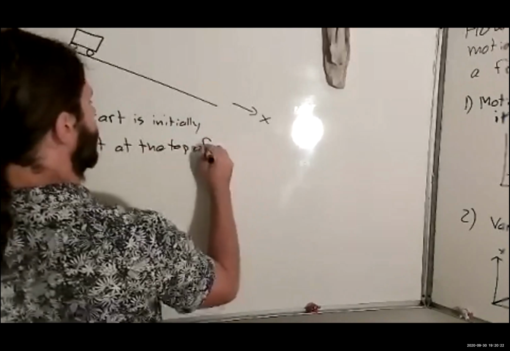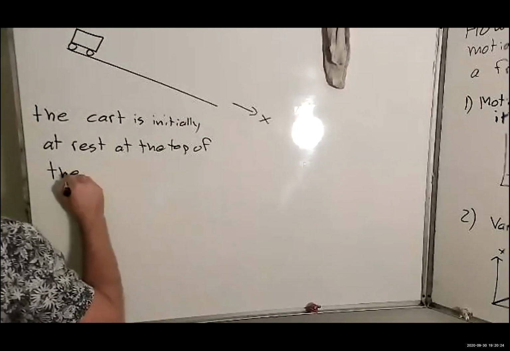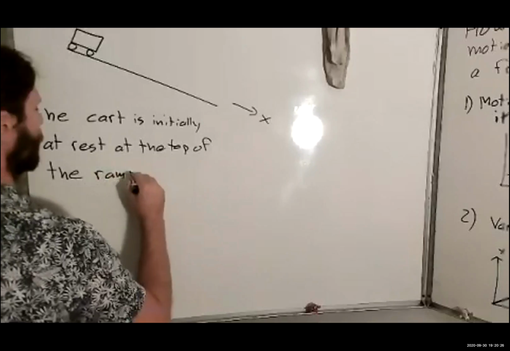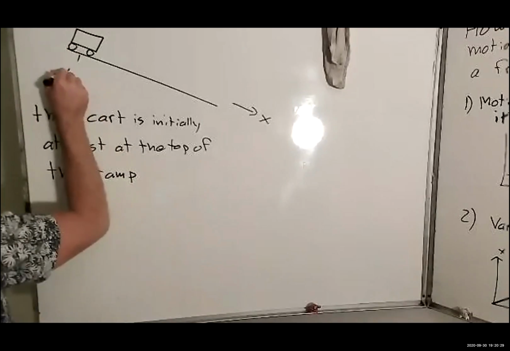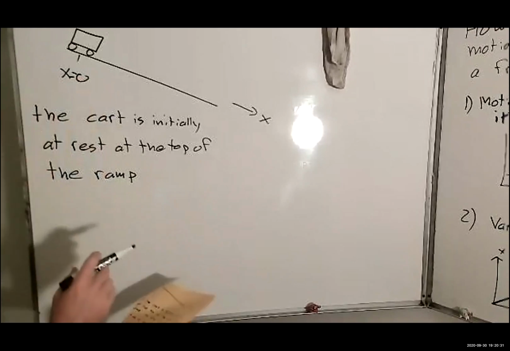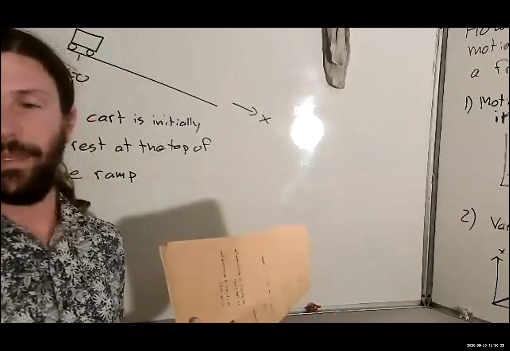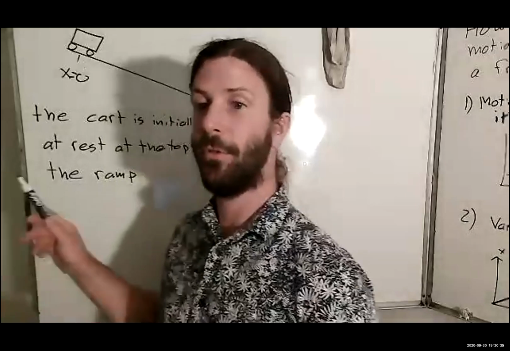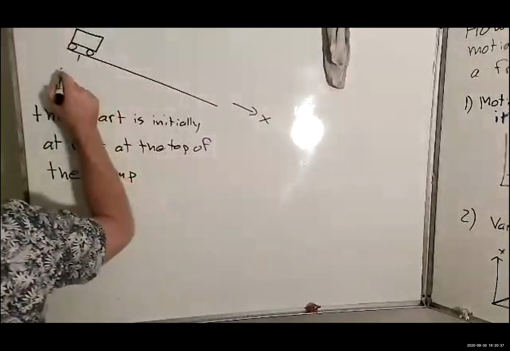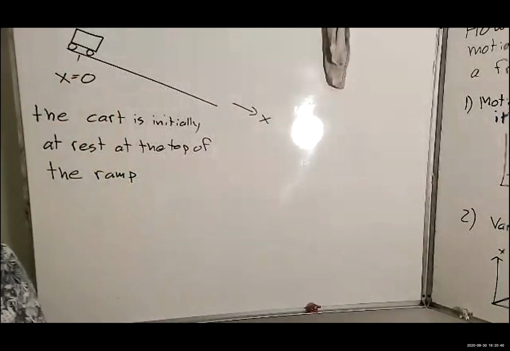Top of the ramp, maybe. And let's call this x equals 0. And we won't worry about the units or values. This is whatever that is.